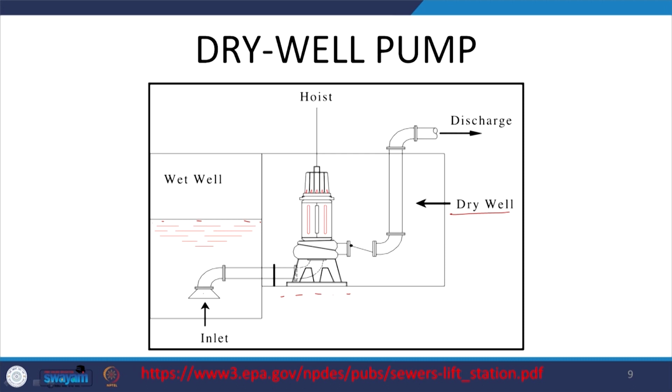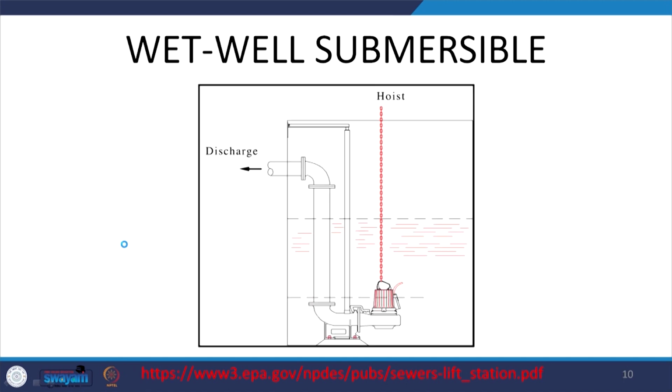So, from the wet well this water is sucked in and brought up to the required head, let us say, right. This is the head that we are trying to increase. The other one is the wet well. Here you see that we do not have a separate dry well system, and the relevant pump is more or less a submersible pump.